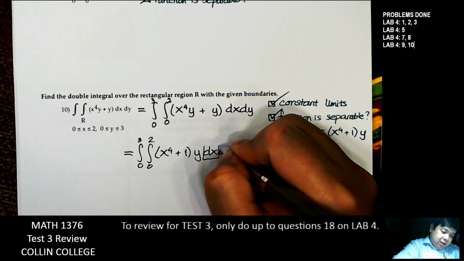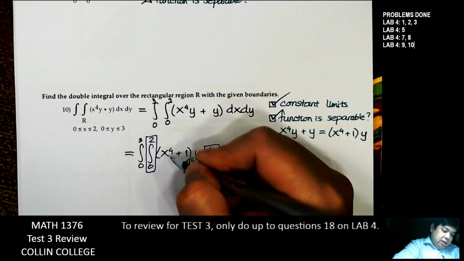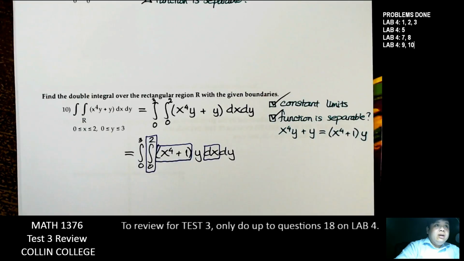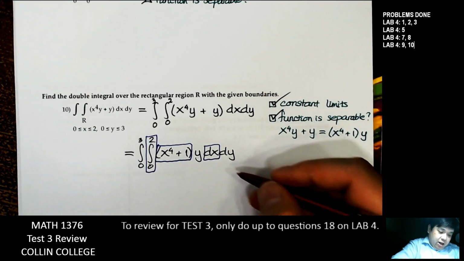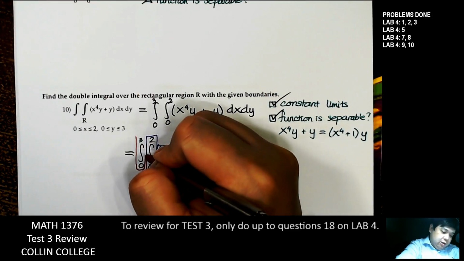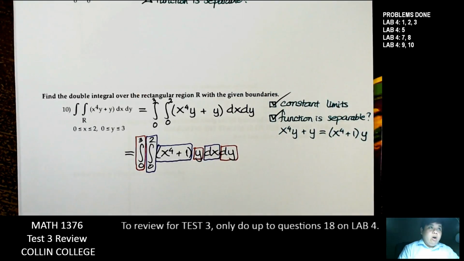We have dx. Inside, we go with that limit and the function of x. And then the y on the outside, with the function of y.